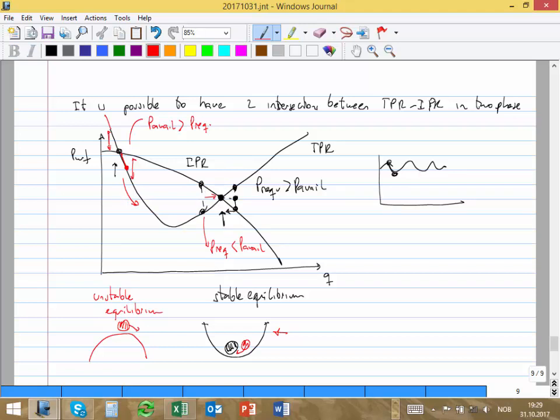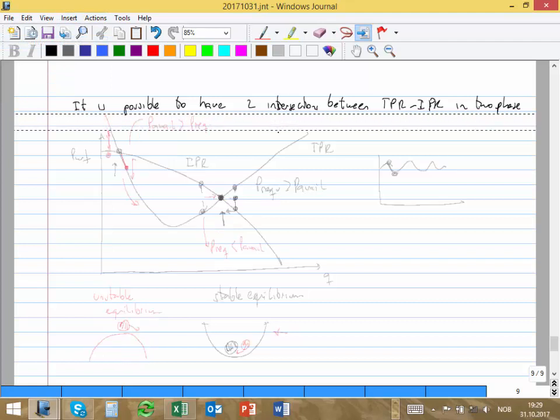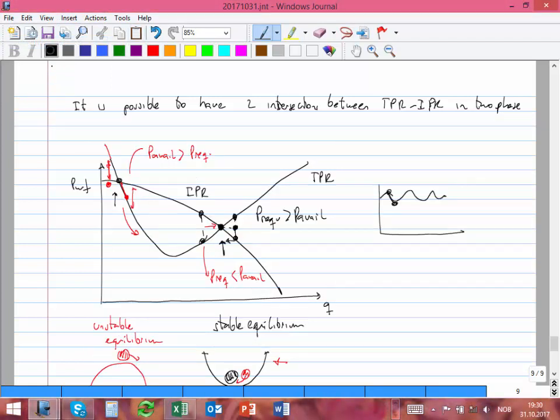And on the left side, what happens if the point is here? In this region, the P required is greater than the P available, right? The required is this curve and the available is the other curve.